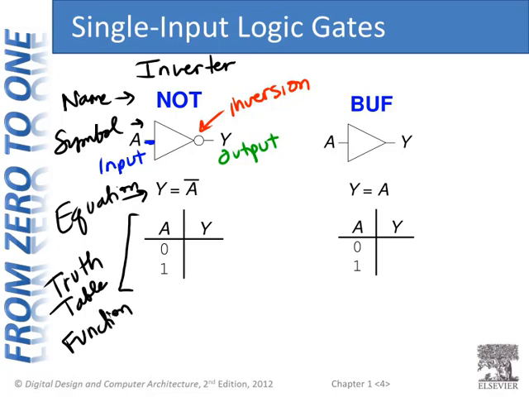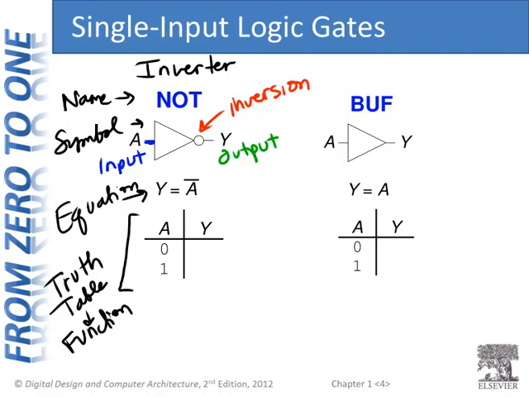For every possible input, we want to know what the output will be. That's one really nice thing about binary or digital designs: a very limited number of possibilities. We're, again, using our digital discipline to limit the possibilities that we're going to consider.